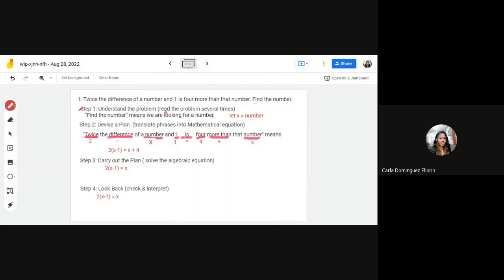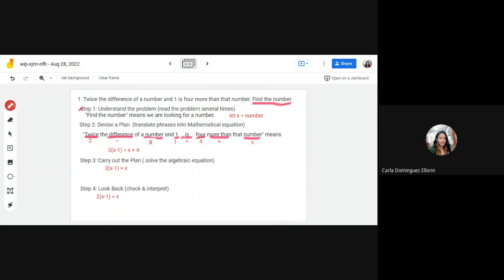So step 1, let's understand the problem. Read the problem several times. So what are we looking for in our problem? We are looking for a number. Find the number. You have learned that when you don't know the value of a certain number, we represent it by a variable.